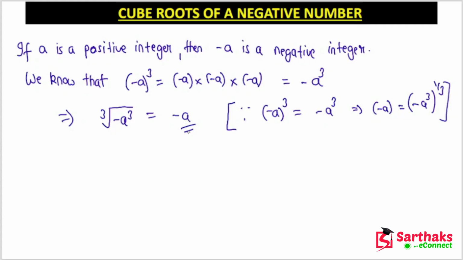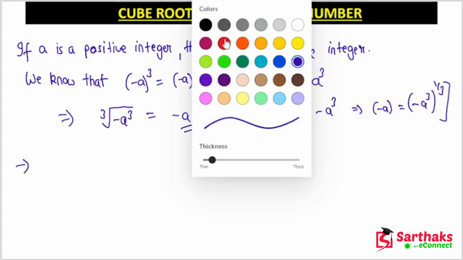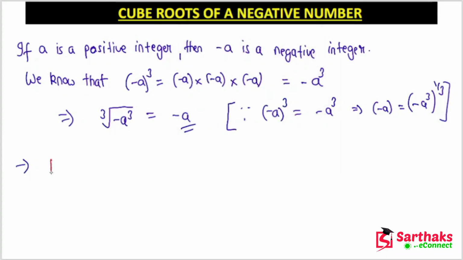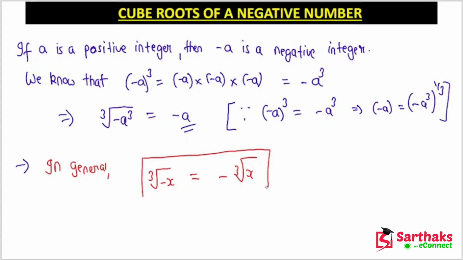Okay, in general, for any integer x, you can write it like this: the cube root of minus x is equal to minus of the cube root of x. Now this formula would be very useful in calculating the cube roots of negative numbers.